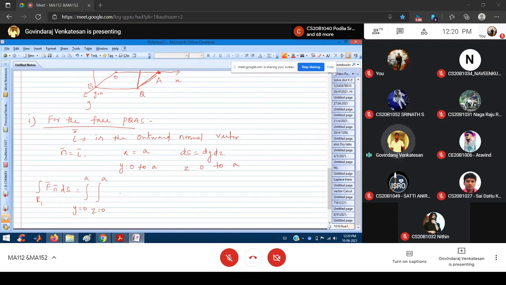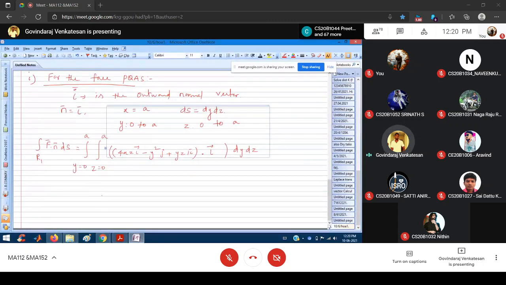The vector f is 4xz i vector minus y square j vector plus yz k vector, everything dotted with the normal vector n, that is my i vector, into dy into dz.